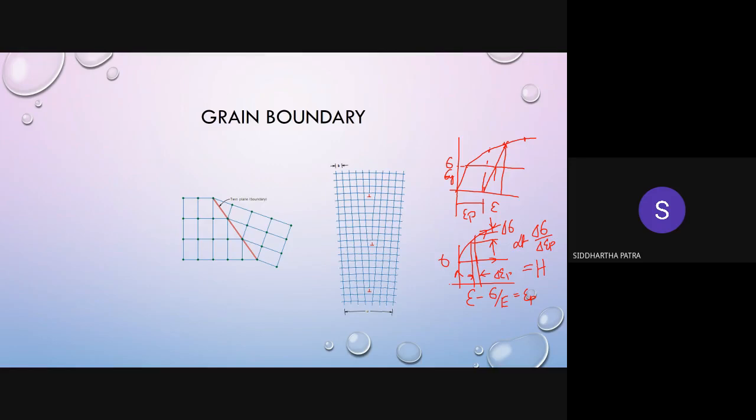There are different mechanisms for such resistance, and that gives rise to a certain additional rise in stress. Because of that you have hardening in the material. So there is this microstructural behavior that is happening, and the result of that is shown at the macroscopic level.